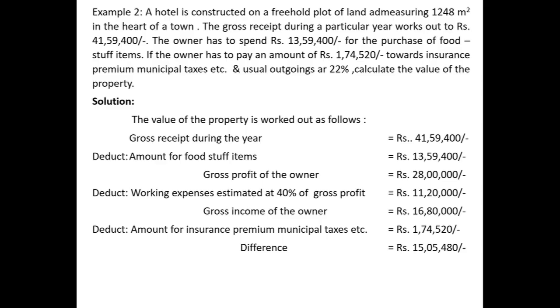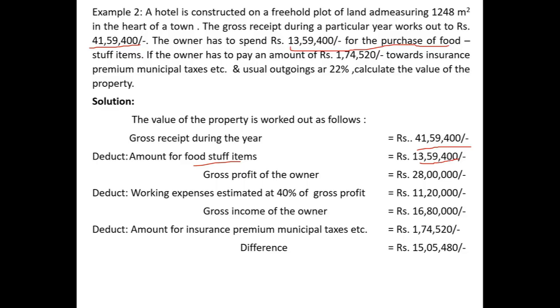So see here, gross receipt is given to you as 41 lakh 59,400. The amount he has to spend for purchasing items of daily use, foodstuff, etc., is 13 lakh 59,400.